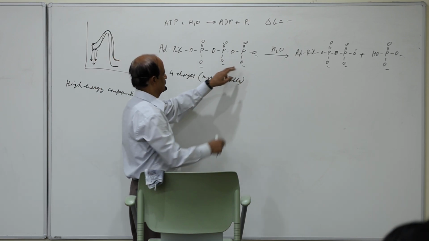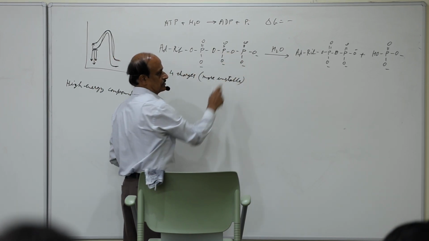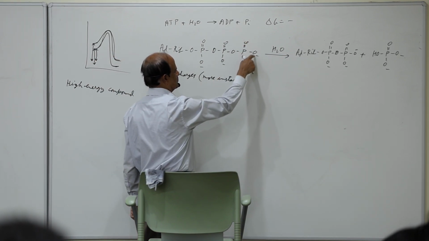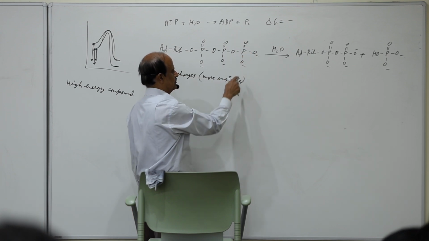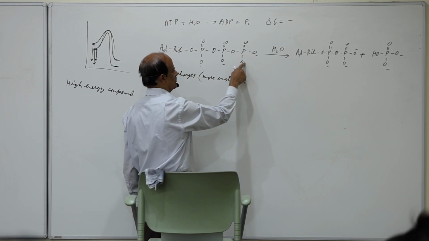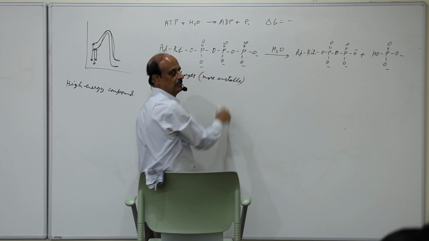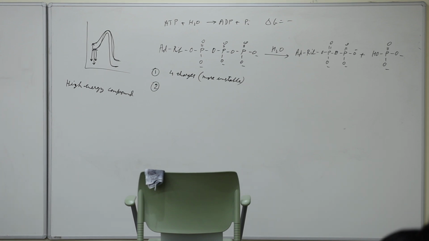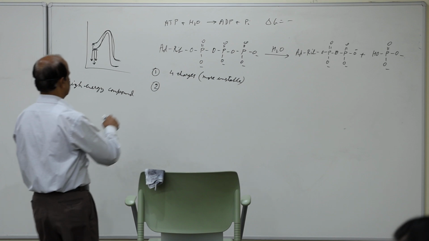For the terminal phosphate, as opposed to these internal phosphates, there will be 3 resonance structures because there are 3 oxygens sharing the charges. So you can have the 2 negative charges on these 2, or these 2, or these 2. So there are 3 possible resonance structures. The internal phosphates have 2 resonance structures, the terminal phosphate has 3. So anytime you have more terminal phosphates, that will have a greater resonance stabilization. So how many terminal phosphates are on the left side?